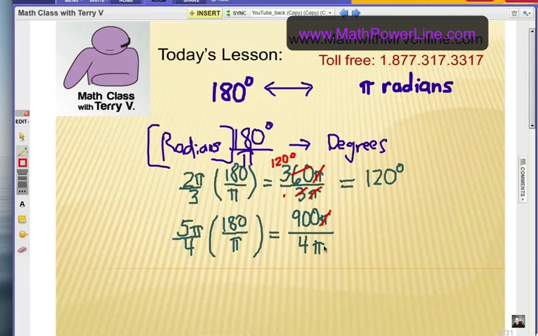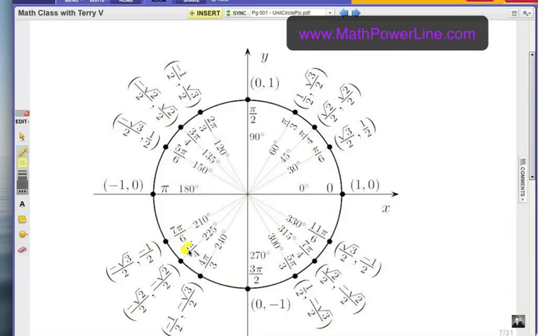The pi's will always cancel out, and we can divide a factor of 4 out of each number, which will give us 225 degrees. Now we're going to check this back on the unit circle diagram to see if we're right. Here it is, and yes, 5/4 pi is the same as 225 degrees. Very good.